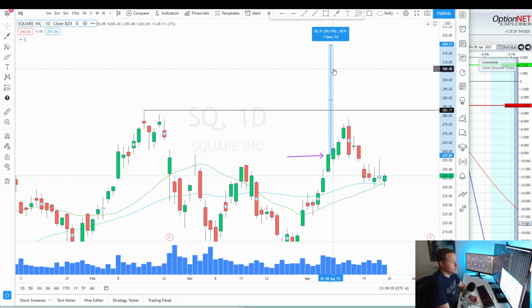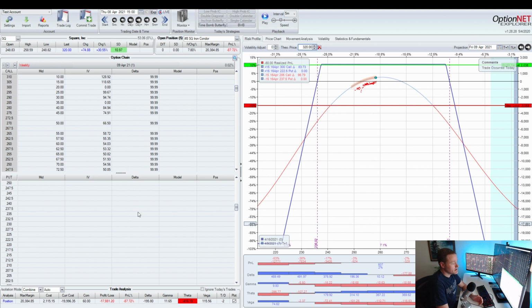That would have to be some incredibly bullish news. We know Square doesn't have earnings coming out before the trade expires, so it can't be anything like that. Now, it could happen, of course, but that's what it would take. Square would literally have to gap up, in this example, 24% overnight for us to wake up and be down almost our entire max loss of $20,000. So hopefully that helps you out in that regard.